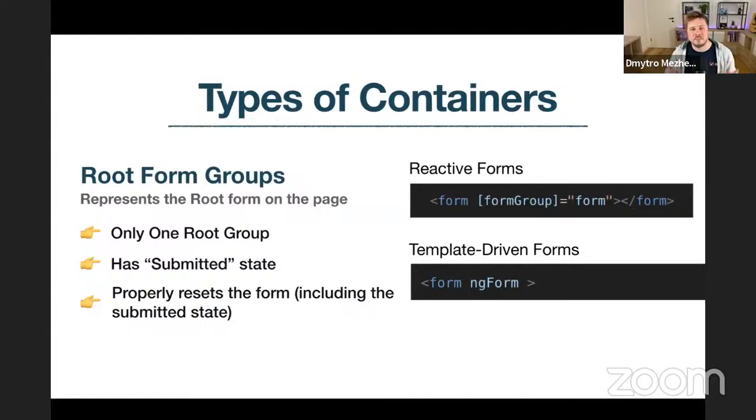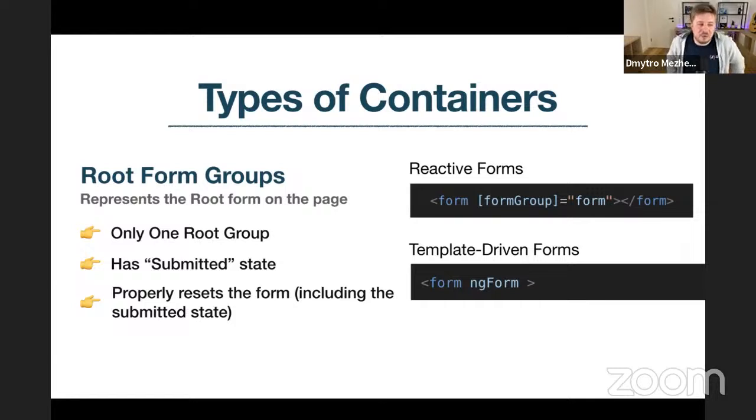But we can split those into two groups. So we have root form groups. Those form groups represent the root form. For reactive forms, we use the form group directive, and for template-driven, this is ng form.